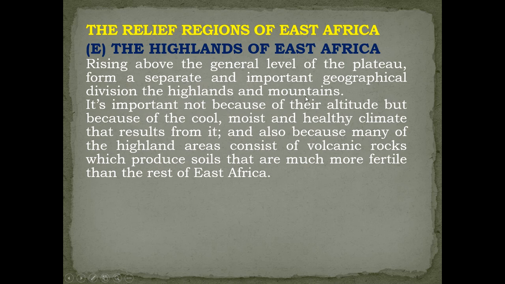So when you look at Mountain Kilimanjaro, for example, it lies at a height of over 5,000 meters above sea level. So it is higher than the plateaus. Then when you look at Mountain Rwenzori, it lies above 4,000 meters above sea level. So that's why we call them mountains and the highlands. They are higher than the plateaus.